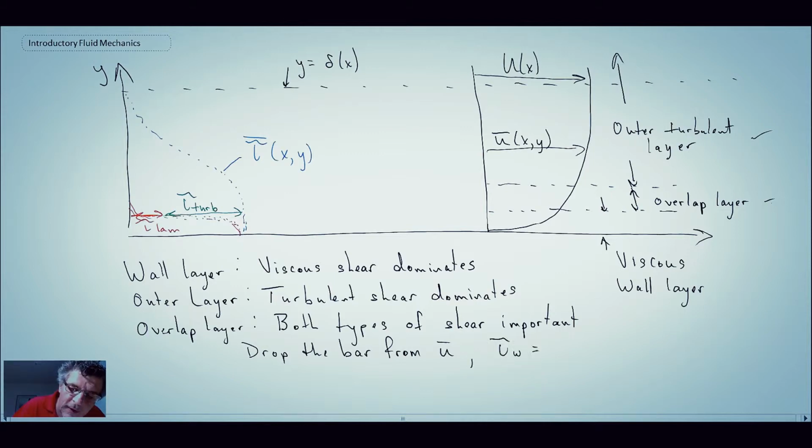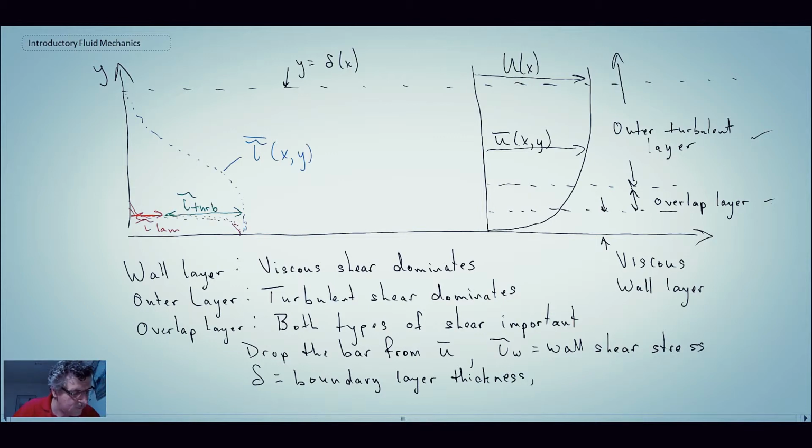Tau wall equals wall shear stress, delta, which I've shown in this picture here, is the boundary layer thickness, and capital U is the velocity at the edge of the boundary layer.